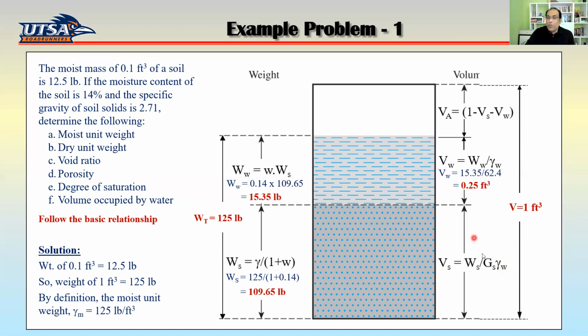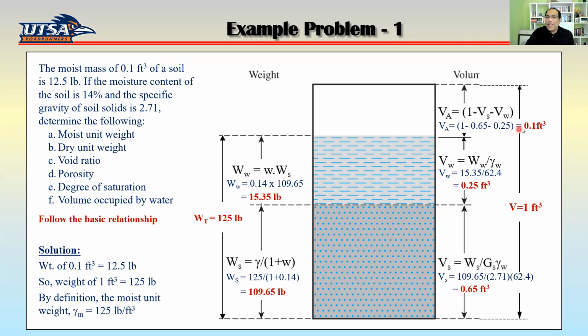The unit weight of solid is GS gamma W, meaning 2.71 times 62.4. So if I plug all those values in, I get my VS equal to 0.65 feet cube. So the volume of solid is 0.65 feet cube, and the volume of water is 0.25 feet cube. Total volume is 1, so I can find my VA equal to 1 minus 0.65 minus 0.25, which is 0.1 feet cube, right?